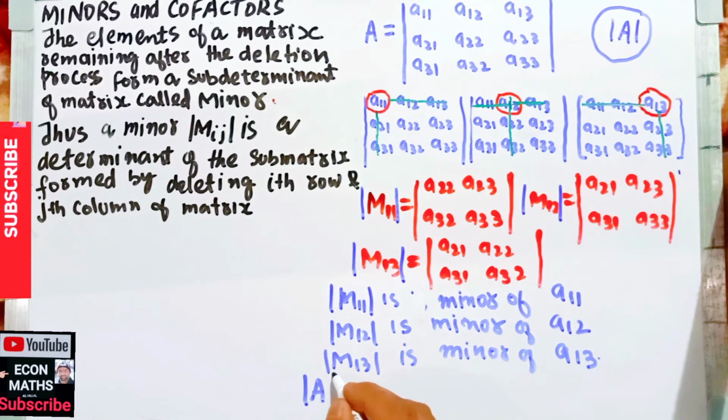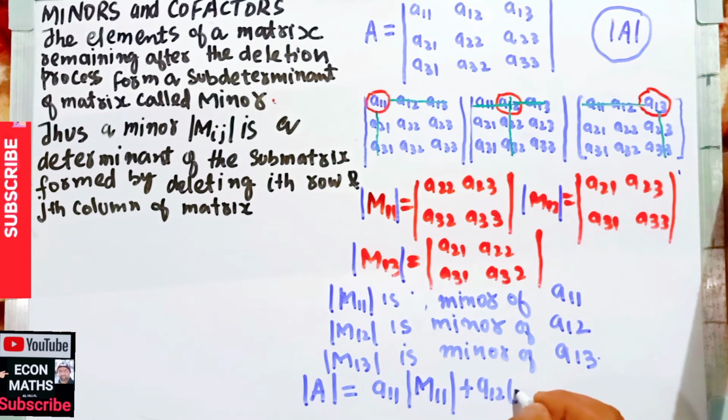Now the determinant can be written as, this is the symbol for determinant, A11 multiplying this by the first minor, that is M11, plus A12, multiplying this by -1. We have seen in the earlier videos. So it is to be multiplied by -1 times the determinant, the second minor, that is M12.